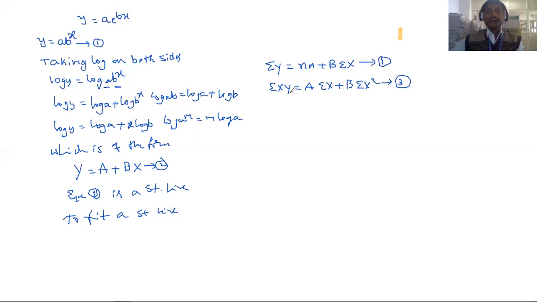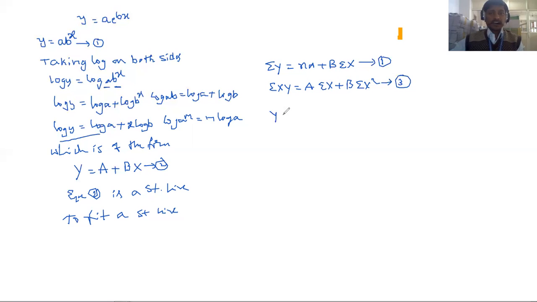But in the given data they mention the values of small x and small y. What we require here is capital X and capital Y. For getting that, we just compared this one with a straight line, right? So what about capital Y?